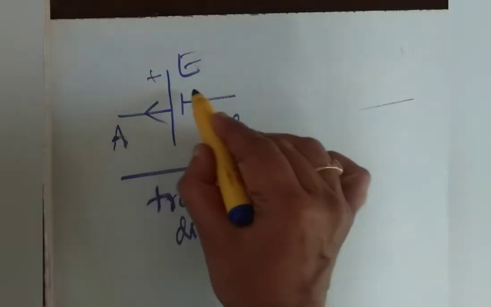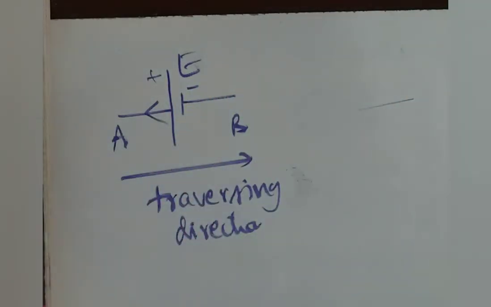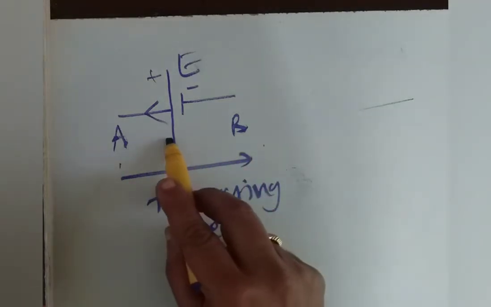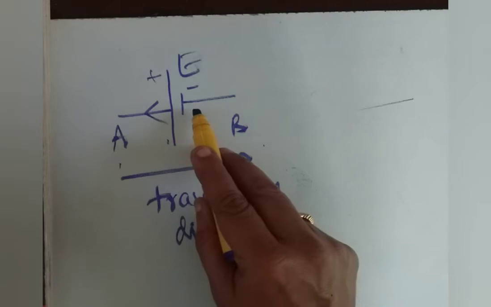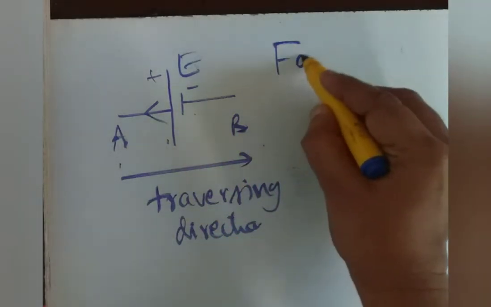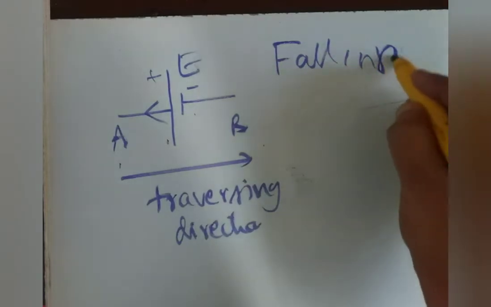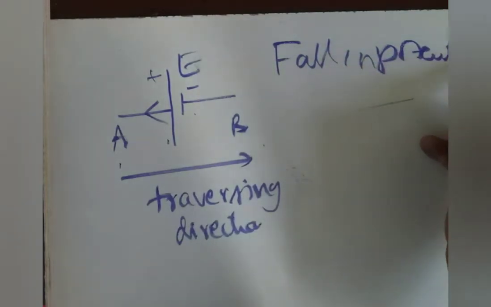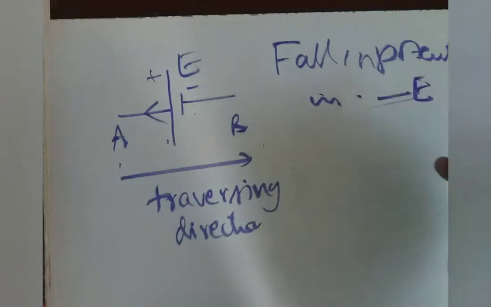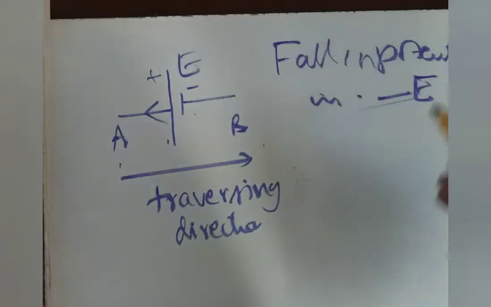This is the positive terminal and negative terminal. But our traversing direction is from A to B, so we get first the positive terminal of the cell and then the negative. There is a fall in potential, and this fall in potential is taken as negative. That is, minus E is to be written when we write the equation.